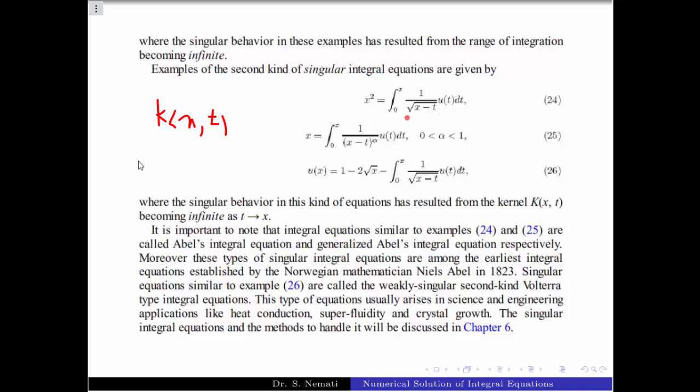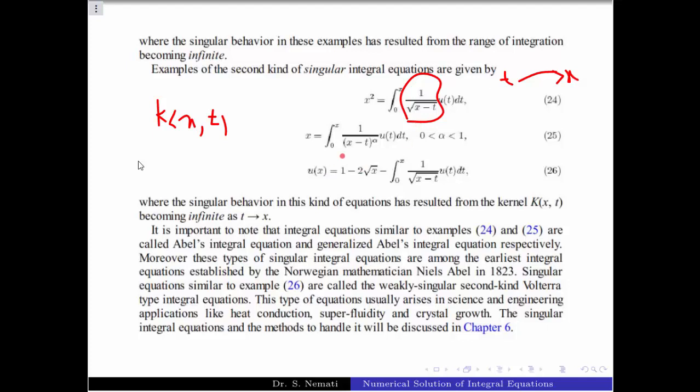In this case, if you consider k, as you can see, then it's completely clear that when t approaches x, then the value of the kernel will be infinity.